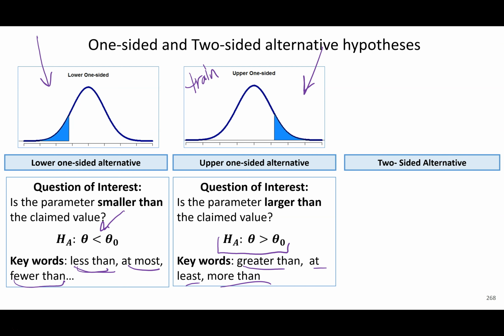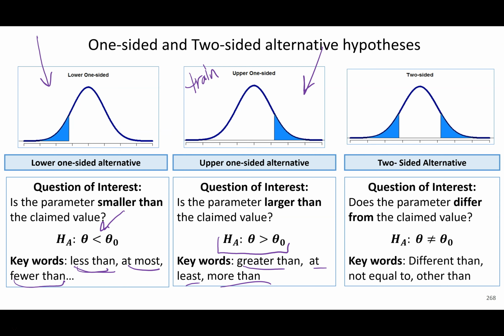And then a two-sided alternative is not specific in one direction or the other. You want to know if the parameter is different than some claimed amount. Is it different than? Does it differ from? Is it not equal to? Is it other than some value? This is the scenario where you do not have a suspicion in one direction or the other, but you want to find out if it is different than what's advertised.